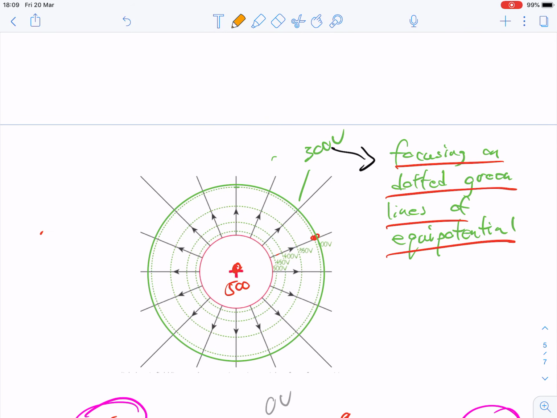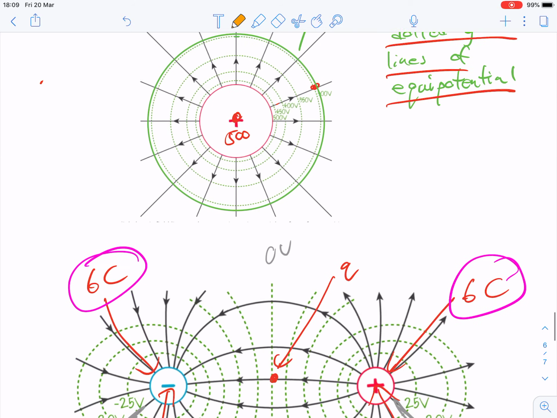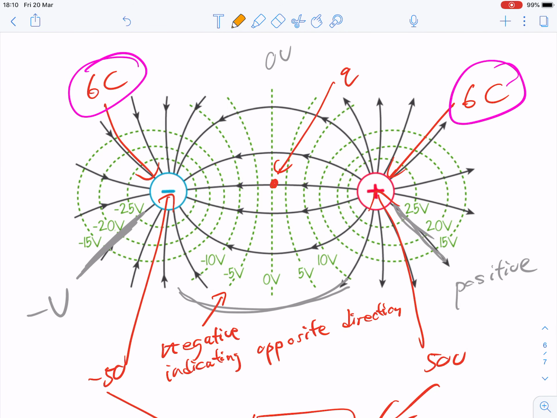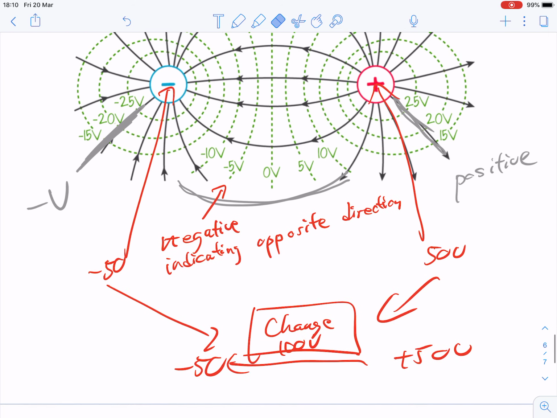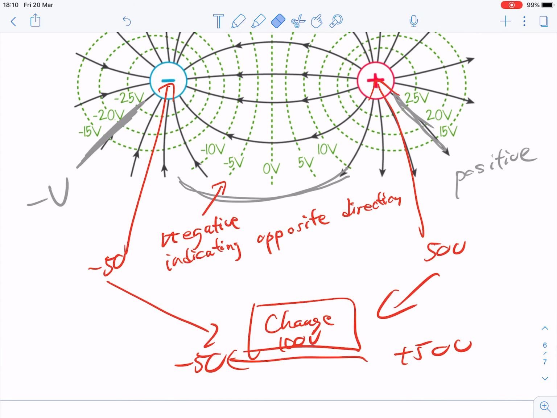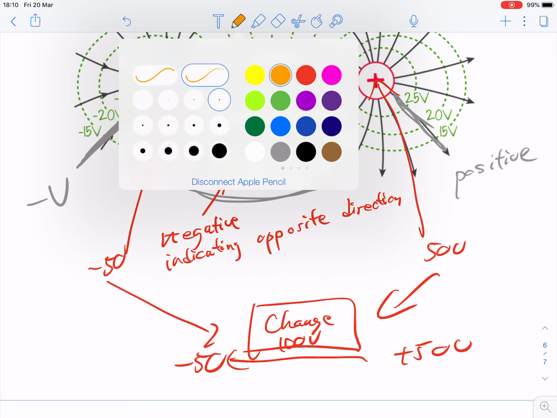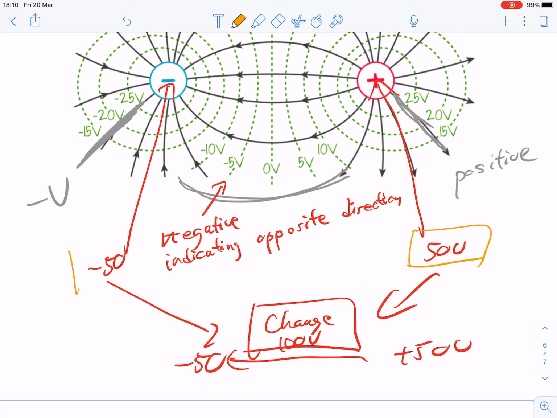Okay, so I briefly mentioned this already, the dotted green lines are lines of equipotential. I think that's pretty clear from our examples earlier already. Now we're looking at a situation where we've got two charges of equal potential, and you can actually see what I was explaining a little bit earlier: if the center of the two different charges was 50 volts each, and it traveled from the center of one to the other, then that would be a change of 100 volts.